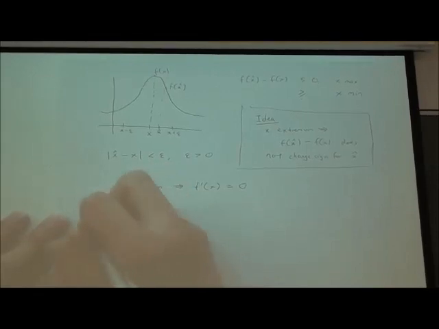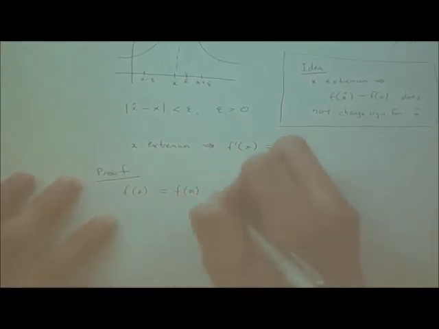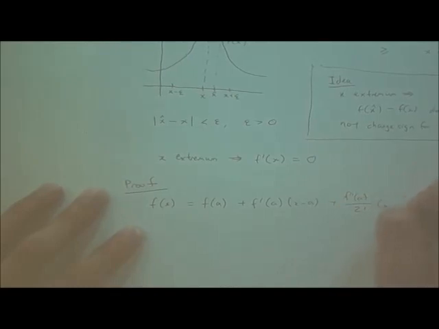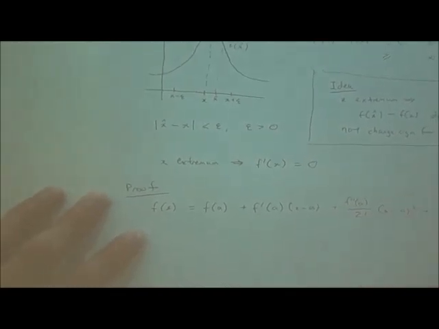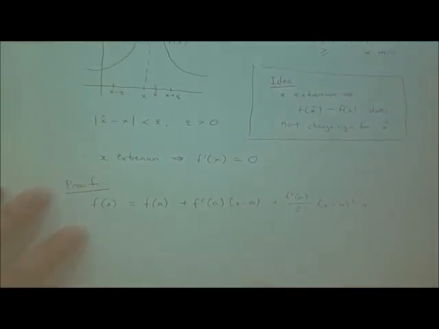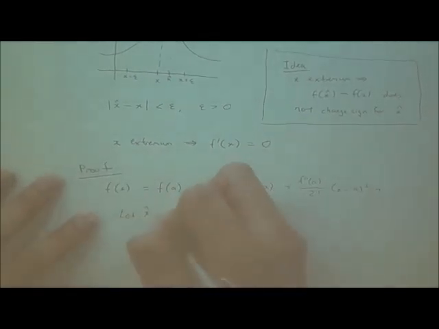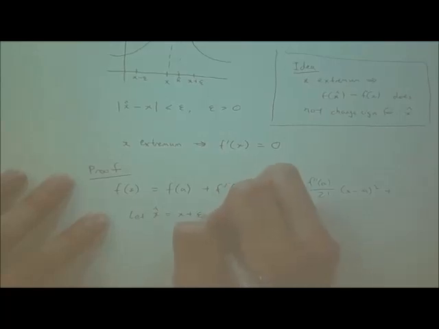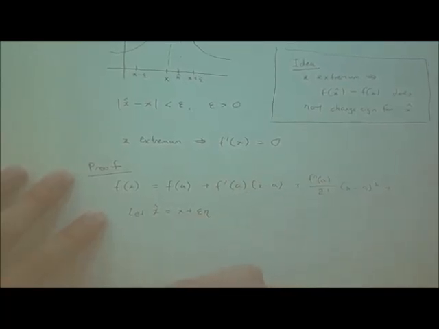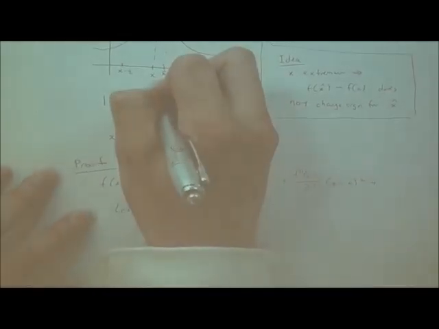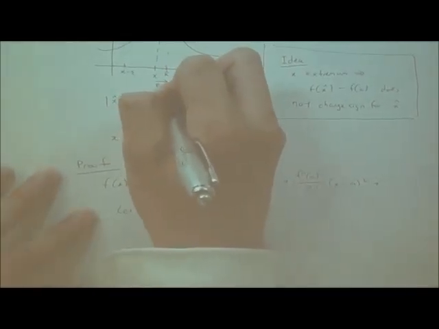So proof, we know this expansion for Taylor series, only considering up to the second term, and then I'm putting ellipsis afterwards. And then let's let x hat equal x plus epsilon eta. So epsilon eta represents a small change from x, in this case it will be this quantity here.